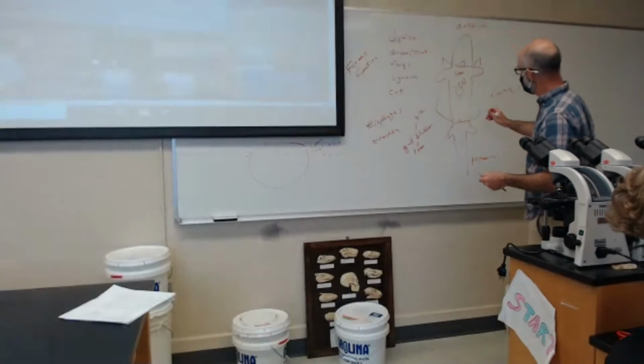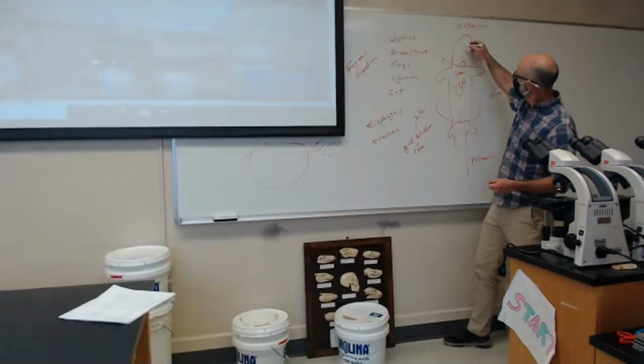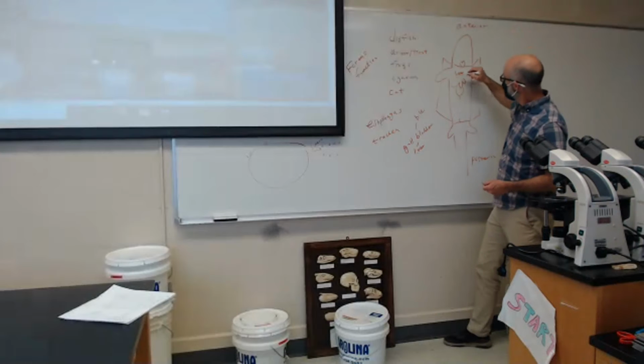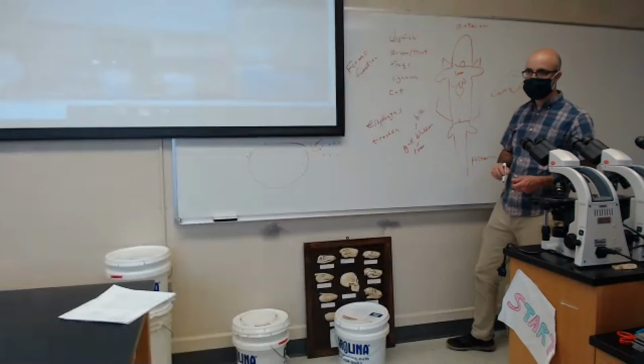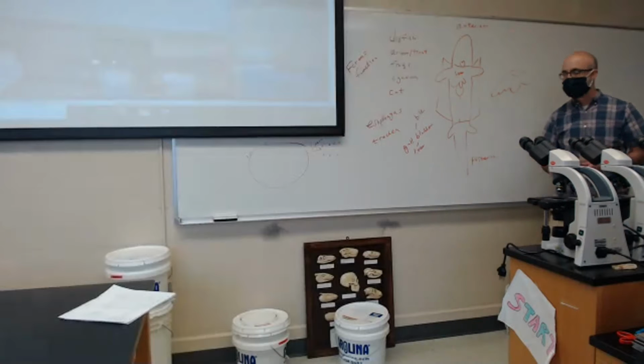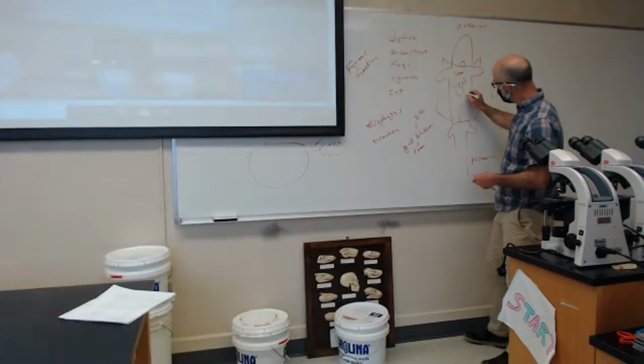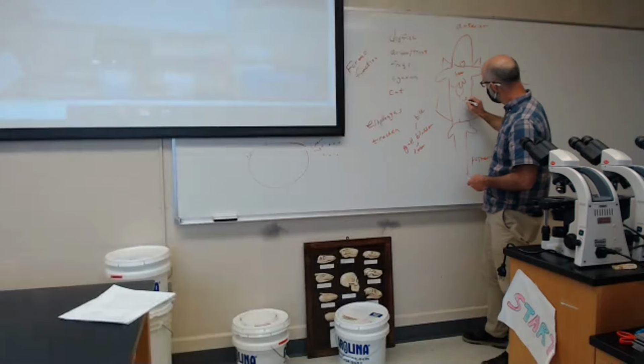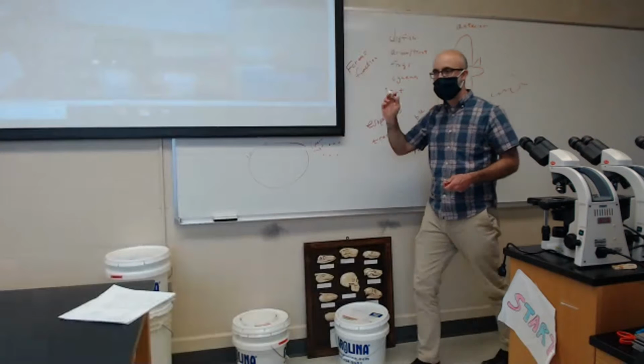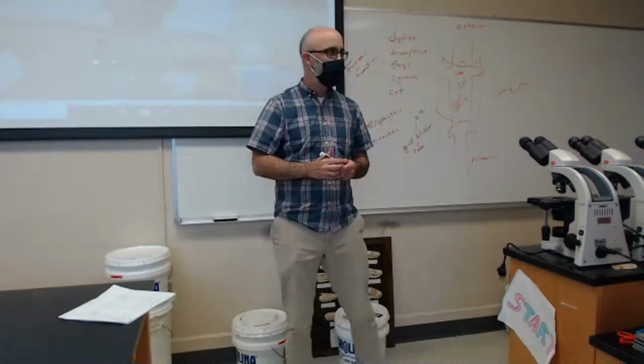And then from the stomach, if we have esophagus to the stomach, where does the food go from the stomach? Into the intestine. Which one first? The small intestine. The small intestine is very convoluted, very long, folded.